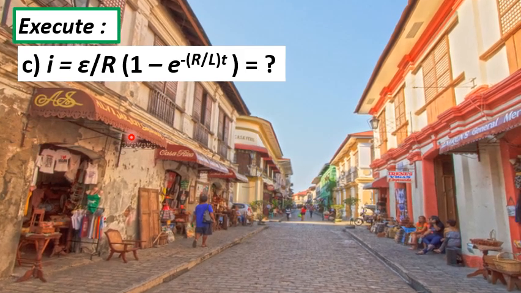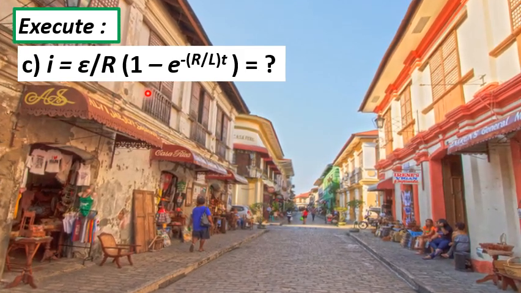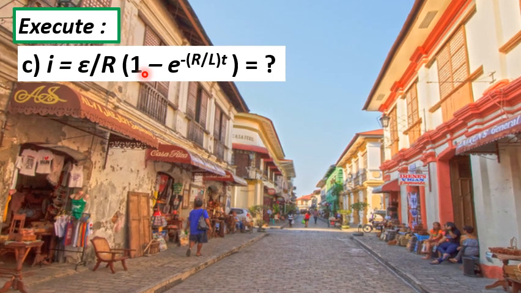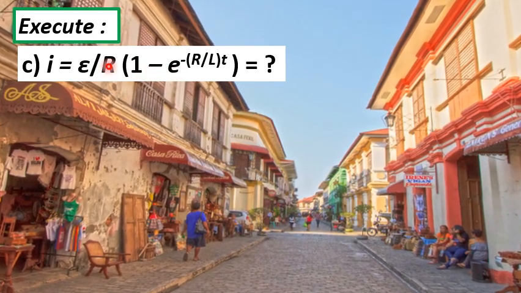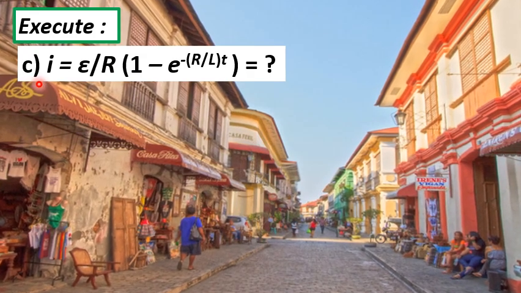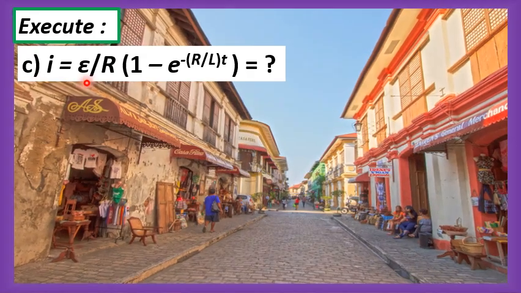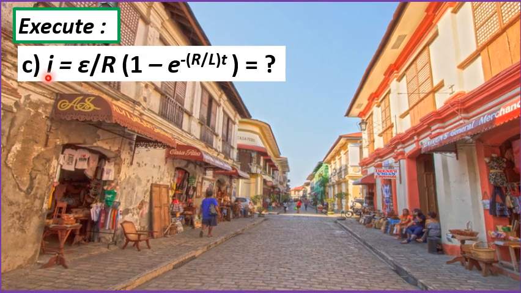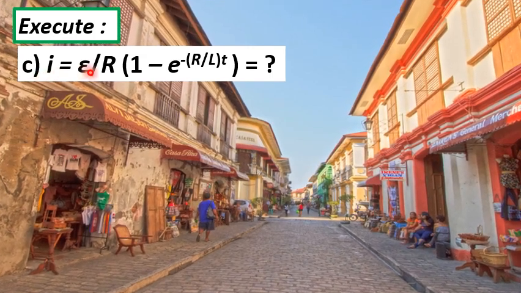Moving on to question letter C, before we can find the current small letter i at time equals 0.250 seconds after completing the circuit, we first find the power of the Euler's number, negative big R over L times the time t.